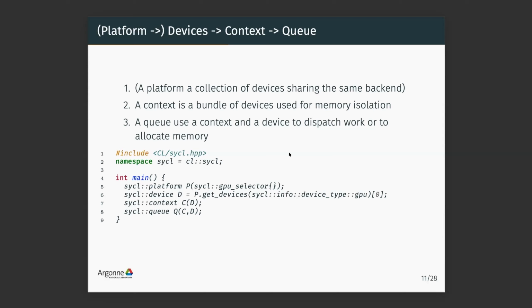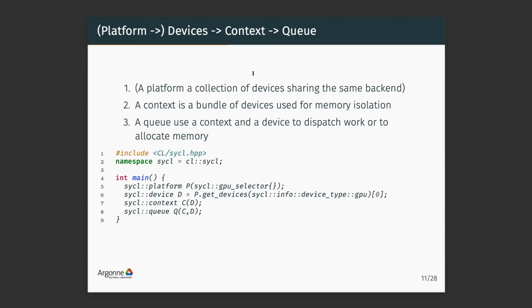So here is the first SYCL code you will ever see, though maybe some of you are already experts. It is platform, device, context, queue. A platform is a collection of devices, in the sense of things you have on your node sharing the same backend. Like I showed in the previous picture, you have different kinds of backends: for example, an OpenCL backend, an Intel TBB backend, a HIP backend.